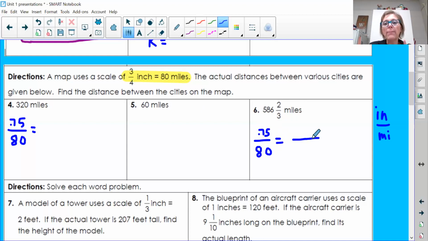Okay, I'm going to work up here because I want you to use the most efficient thing. Okay, so what I'm going to do is I'm going to write 5/86 2/3. Okay, I'm going to write a times sign here, and I'm going to write a plus sign here.